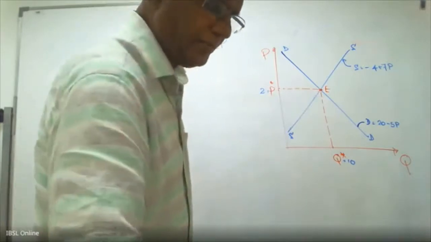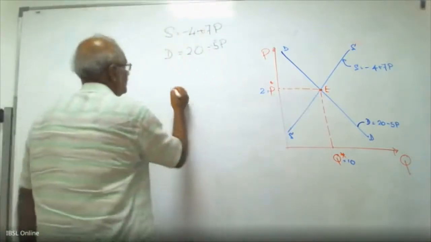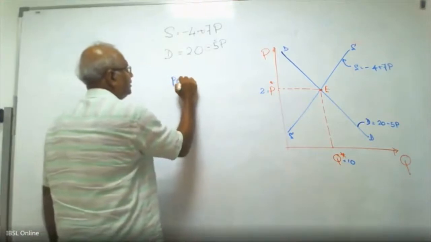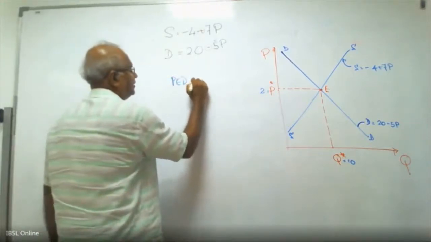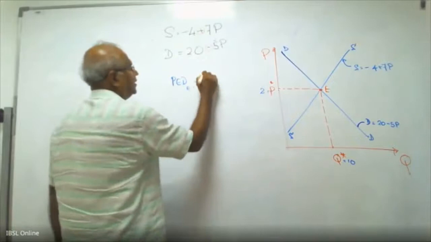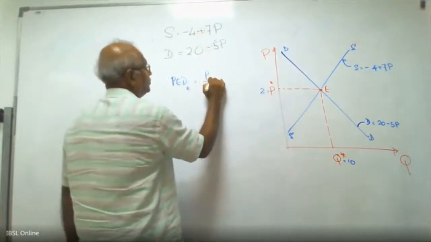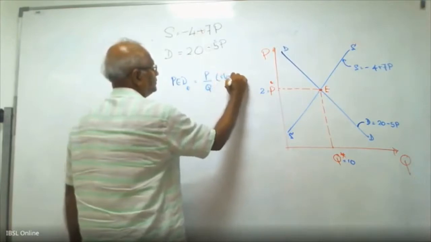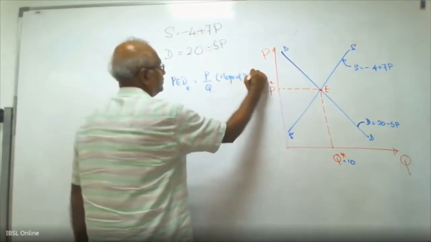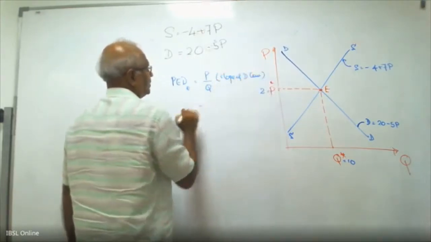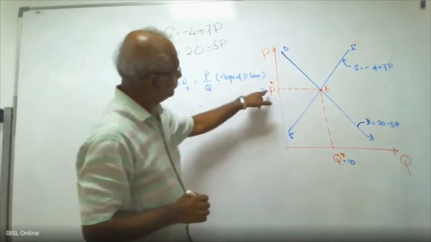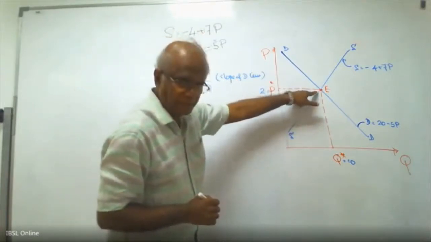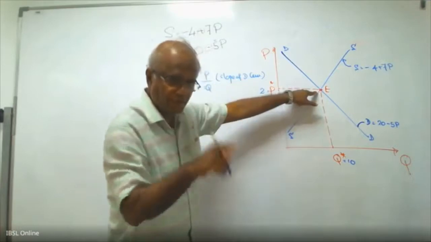Then I will give the formula. Price elasticity of demand, PED, at point E equals P over Q times the slope of the demand curve. P over Q at this point: price divided by quantity.